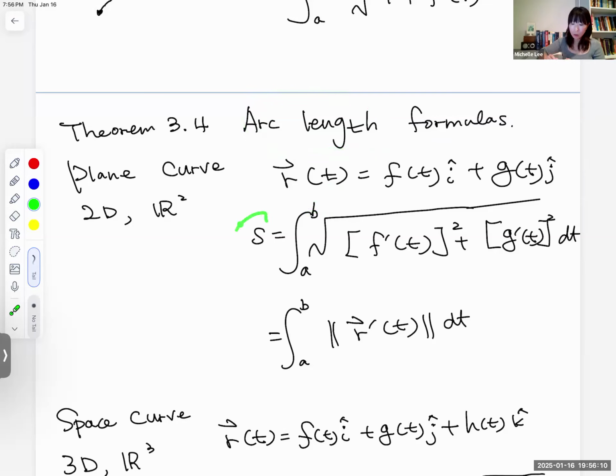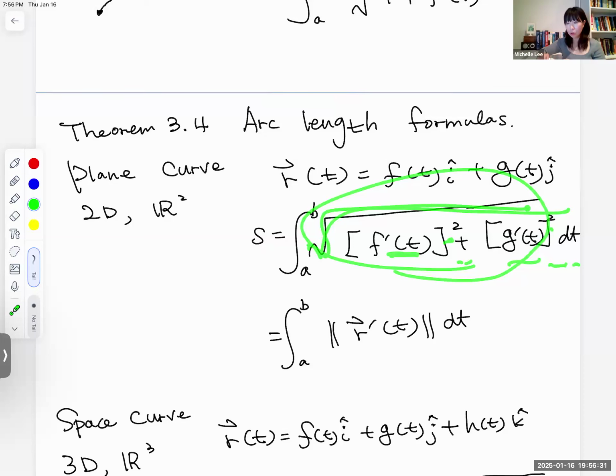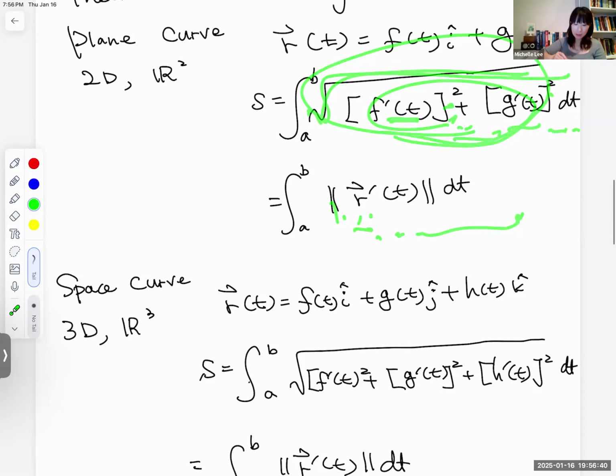We use the same symbol, arc length s, equal to the integral of the square root of f prime of t squared plus g prime of t squared dt. This square root is the magnitude of r prime of t, dt, right? Same as for a three-dimensional space curve.